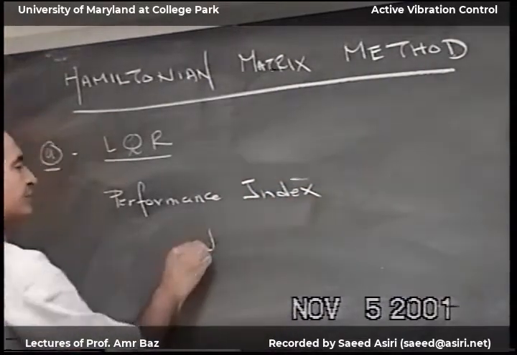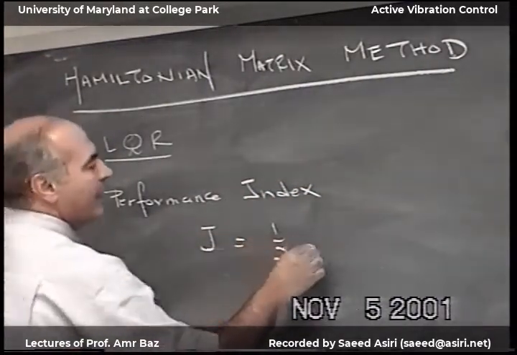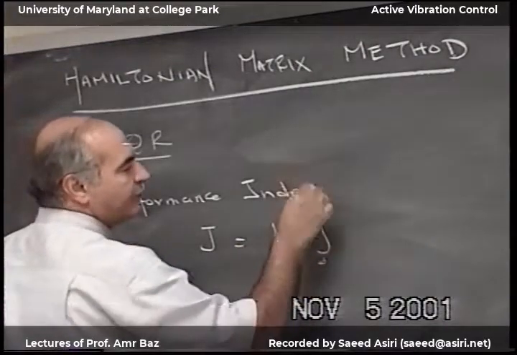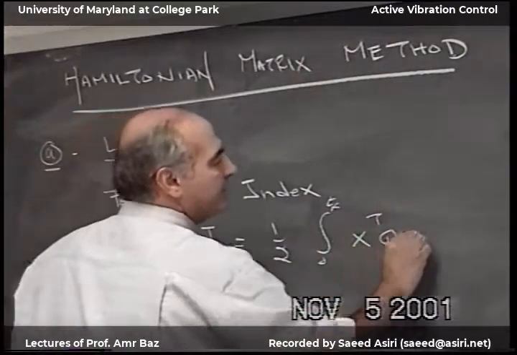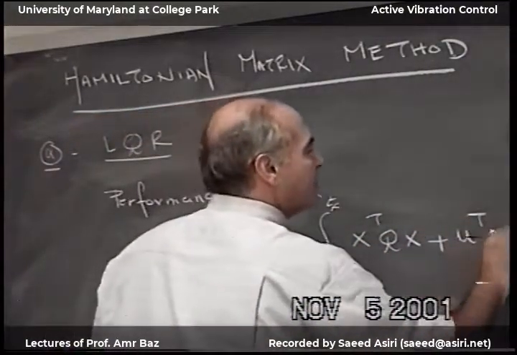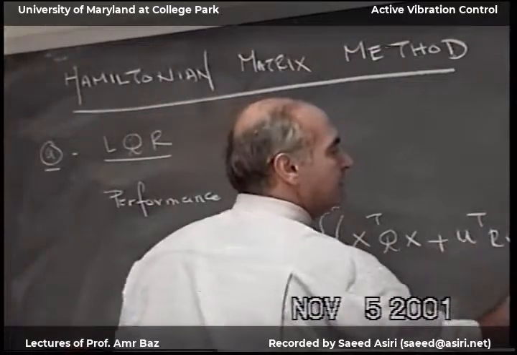Again, J is equal to 1/2 integral from 0 to some final time of x transpose Qx plus u transpose Ru dt.